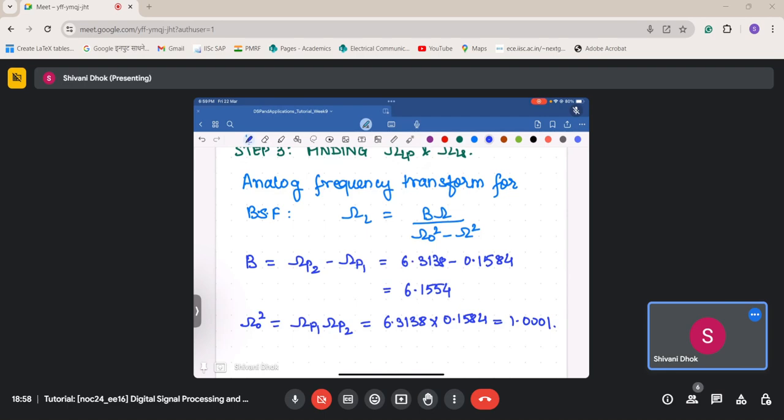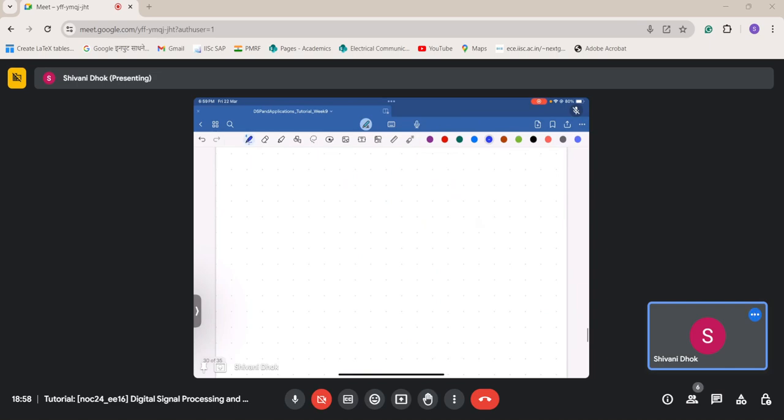Yeah, so now we know this. So now our analog frequency transform becomes omega L is equal to B, which we had found out as 6.1554 into omega upon omega naught square is 1.0001 minus omega square.